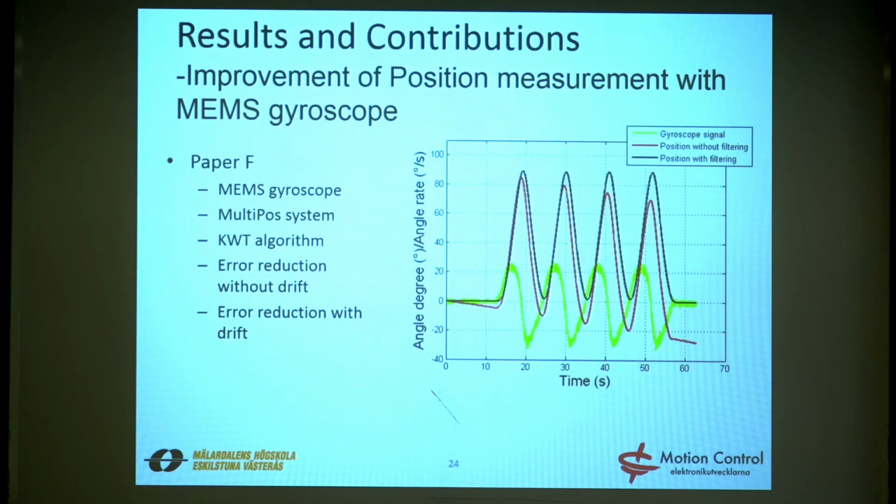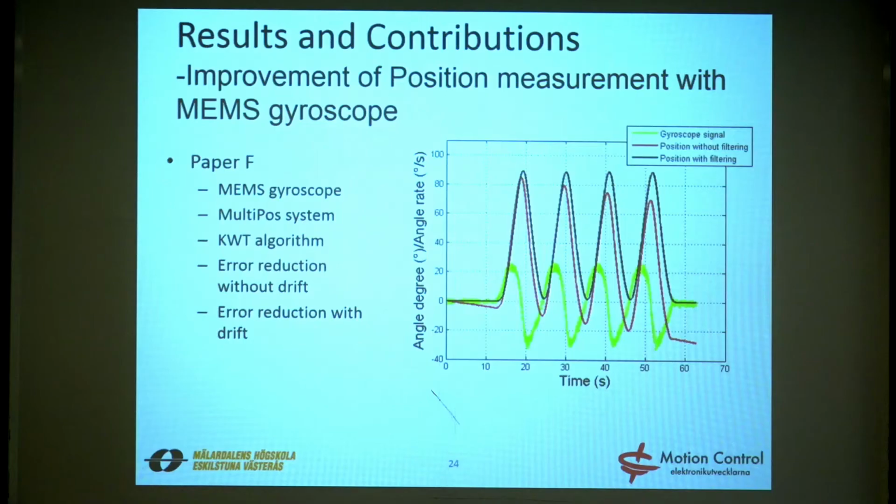This is a result of paper F, which is a position improvement with MEMS gyroscope. The test was performed with a test rig from one fixed point and rotated to 90 degrees.